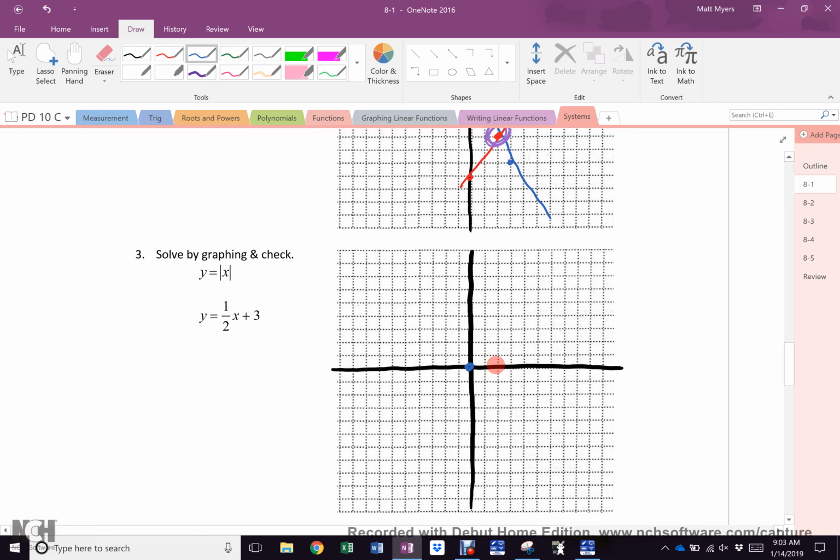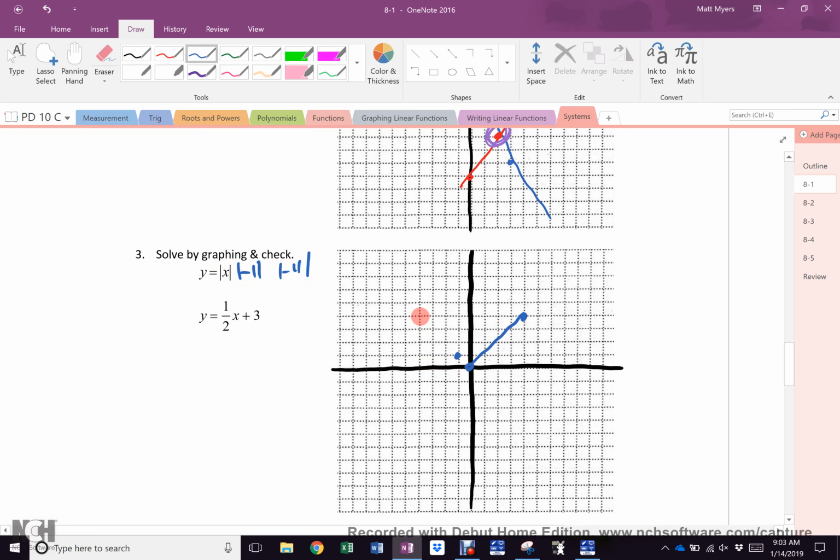If I put 1, 2, 3, 4 for x, what's y? 4. And it would look like this, correct? Now on the other side of 0, what if I put negative 1 for x? What's the absolute value of negative 1? How far is negative 1 from 0? 1. So the absolute value of negative 1 is positive 1. So if I go over here to negative 1, what's the absolute value? Positive 1. What if I go out to negative 4?